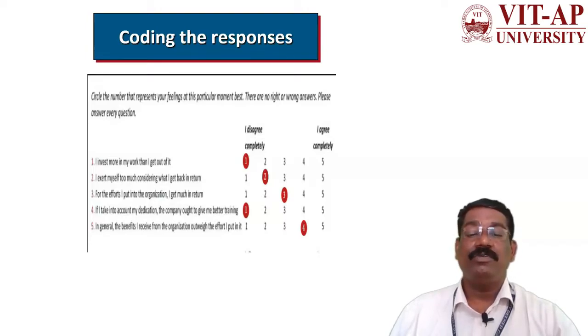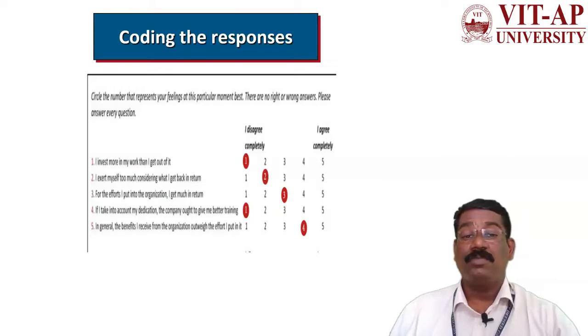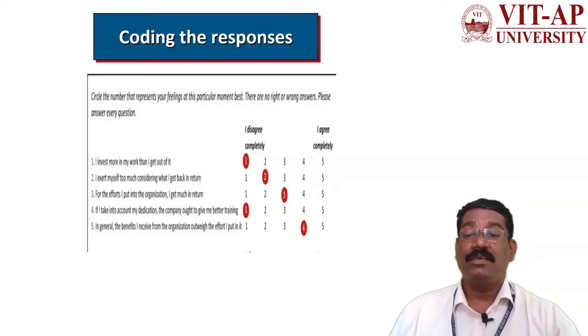I think they used a 5-point scale here, where 1 is completely disagree, 2 disagree, 3 neither agree nor disagree, 4 agree, and 5 agree completely or strongly agree. Like that we can code the responses. That is very important. Once we code the responses, it is easier for us to enter those data into the SPSS data sheet.